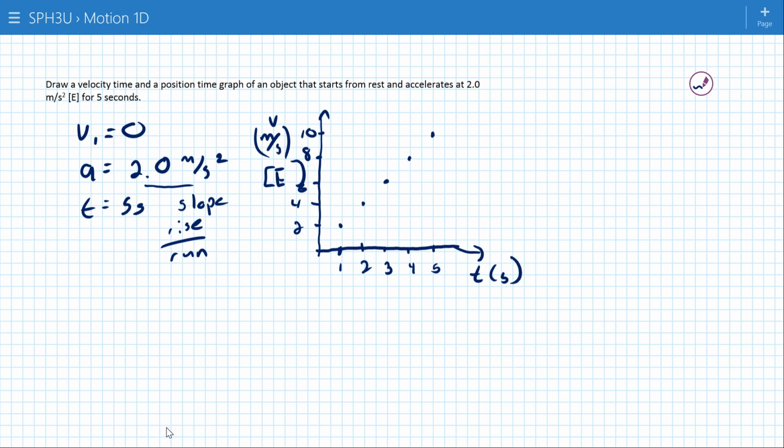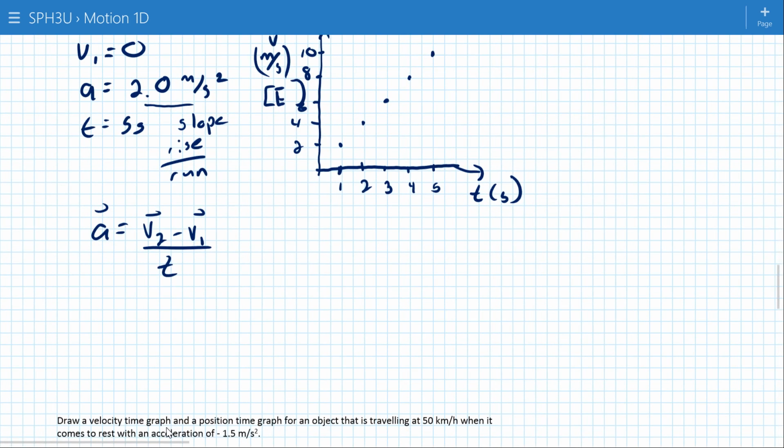And there it is. If I want to know the easiest way to get the straight line, I could also use the formula a equals v2 minus v1 over t, and then just substitute everything. 2 meters per second squared east equals v2 minus 0 over 5 seconds.